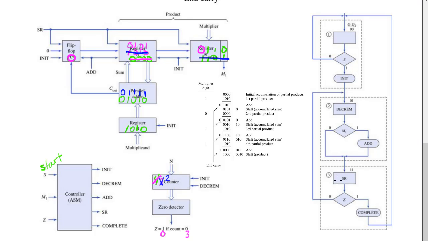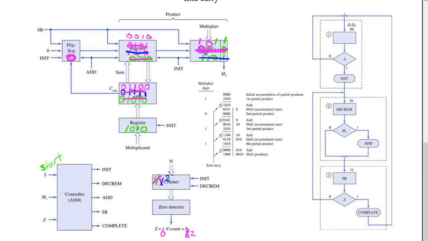Okay, so we're down here at state 3 and we're shifting right. We've got this 0 moving in there, so it stays a 0. Immediately, this adder is going to start adding again, and 0 plus 0 is 0. Z is still 0. We have a value now of 2 right here, but the output is still 0. So we go back up here to decrement again.